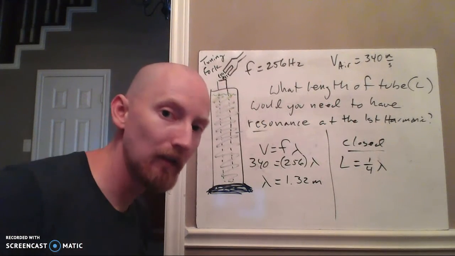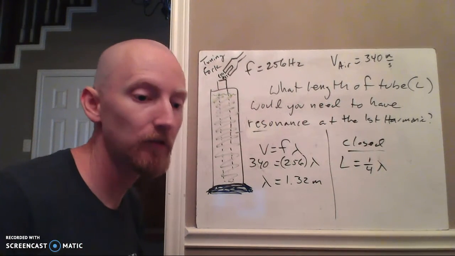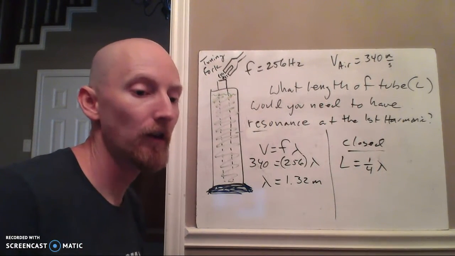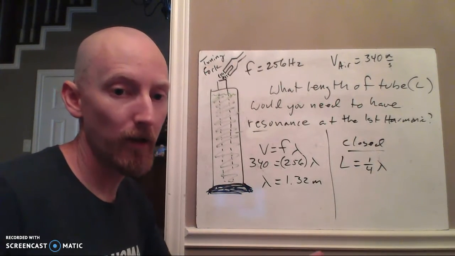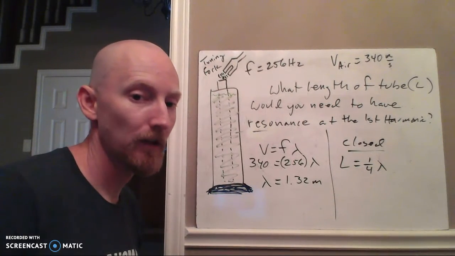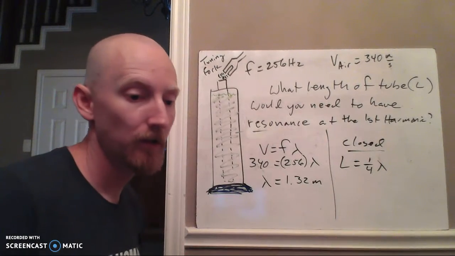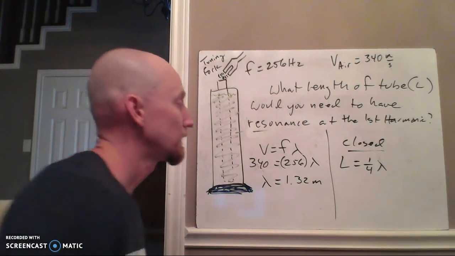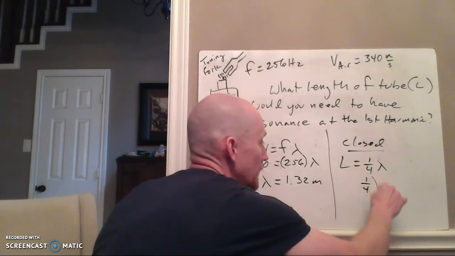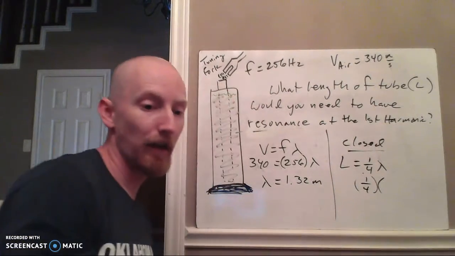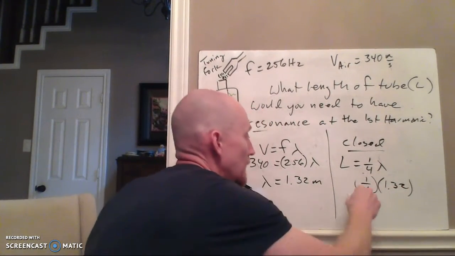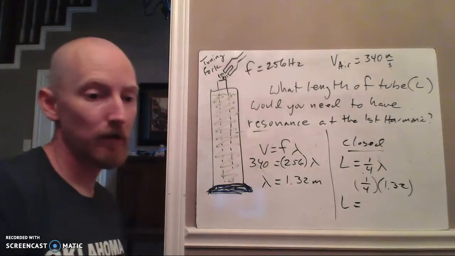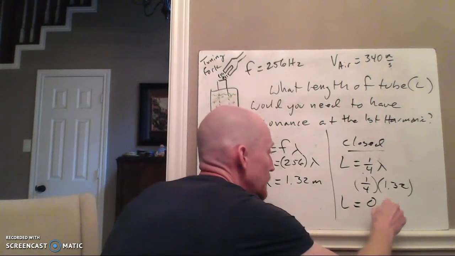And this is in the Canvas module, and this is online. If you just Google this, first harmonic, it's just a quarter of a wave, that first picture. Okay, if you look at my first lecture, you'll see it. So I'm going to take 1/4 of the lambda that I got, and the length of the tube that I would need, 1/4 of that's about 0.3.